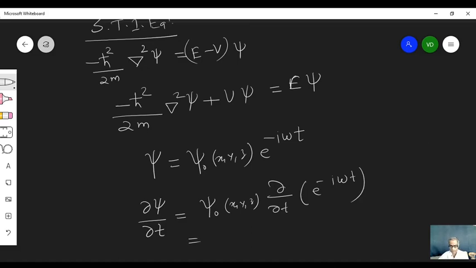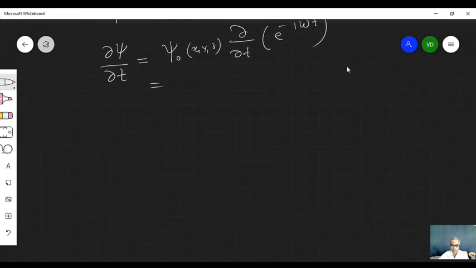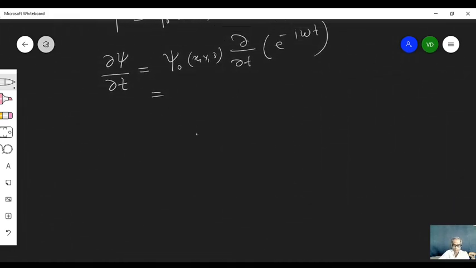What we get is psi 0 as it is, a function of x, y, z, and del by del t of e to the power minus i omega t is e to the power minus i omega t into minus i omega.